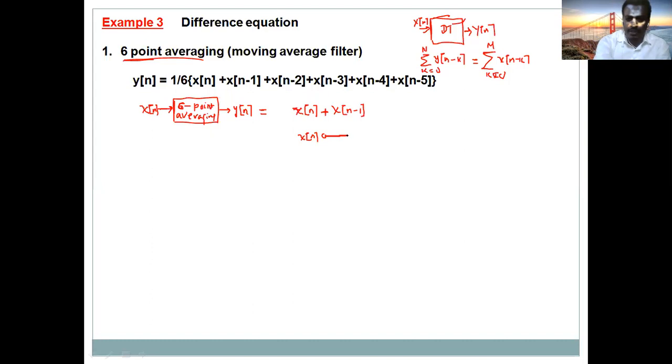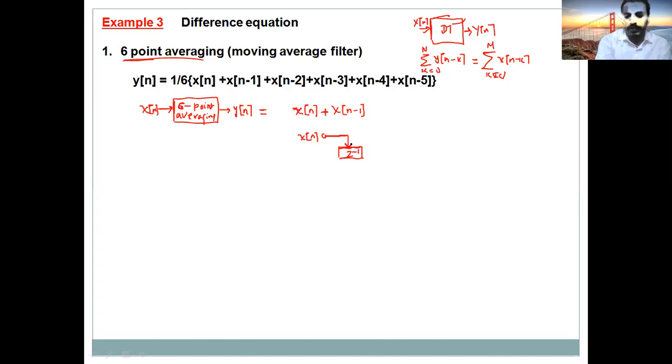So how to get it? We need a memory element or unit delay element. One of the basic components for realizing a discrete time system is the memory element, with the symbol z to the power of minus 1.